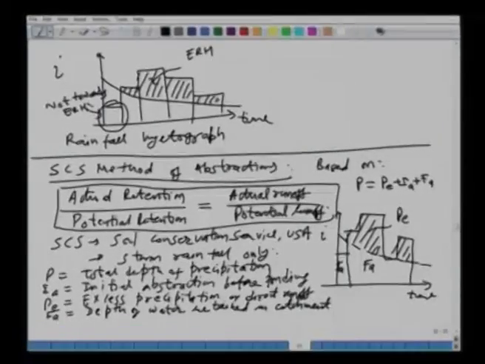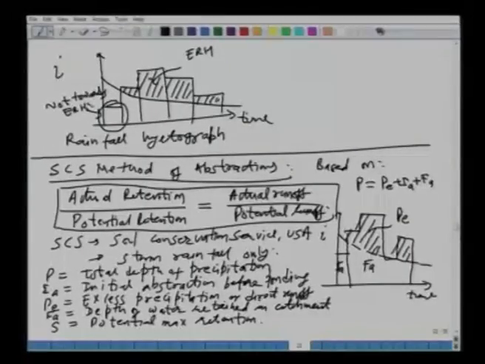And let us define one more parameter which is not shown on that figure on your right. We will say capital S is the potential maximum retention in the catchment.